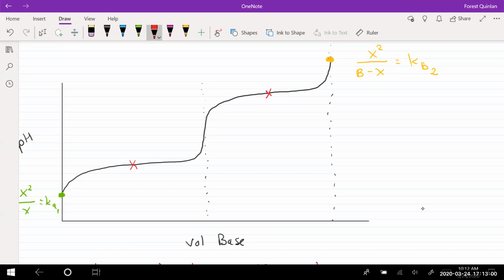The halfway point? Yep. So in the halfway point, give me that first one. What's the equation for it? pH.